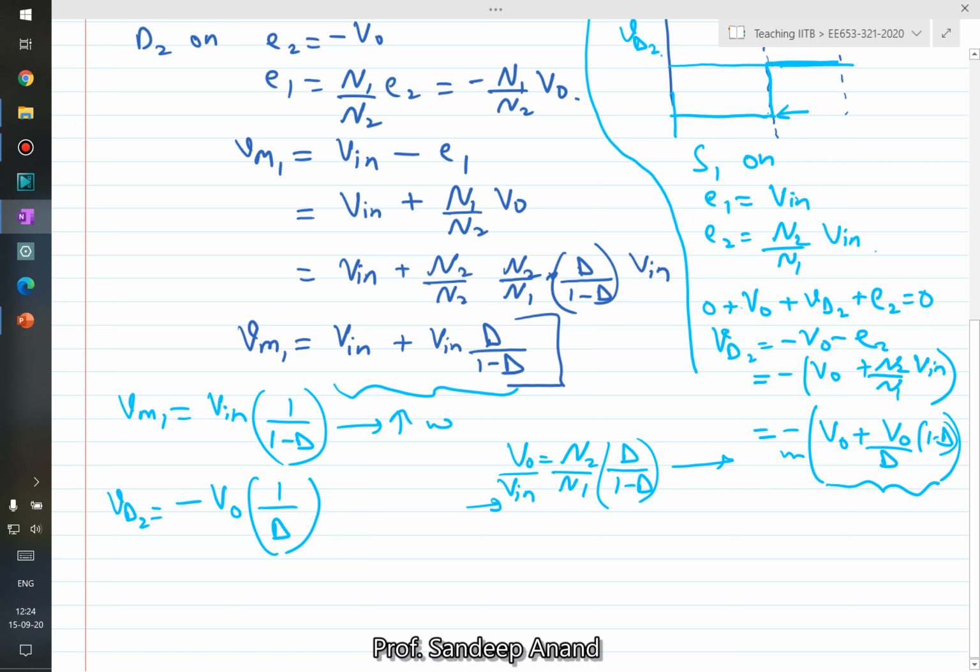So it increases with duty cycle, but the blocking voltage requirement of the diode decreases with duty cycle.